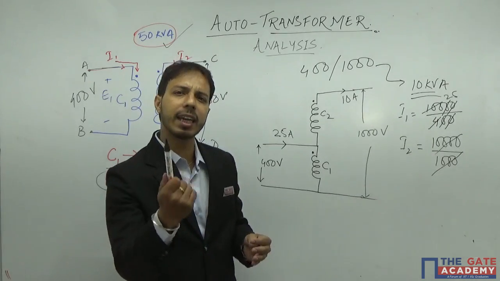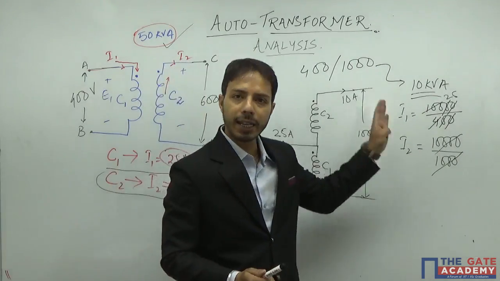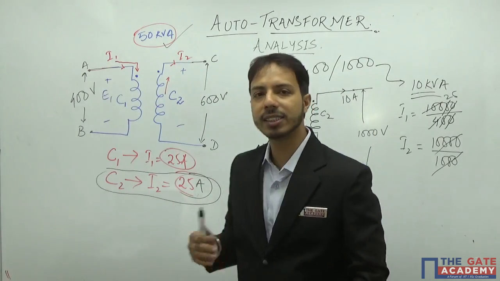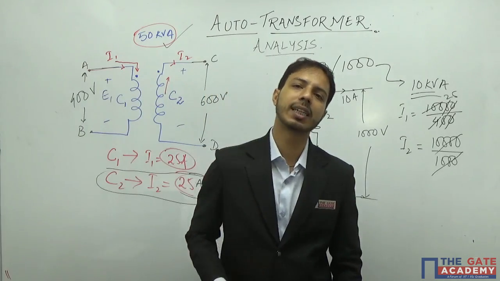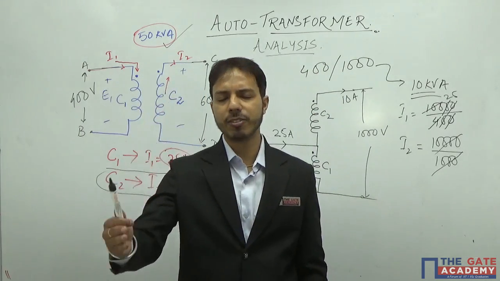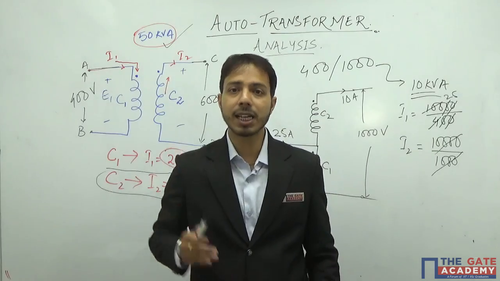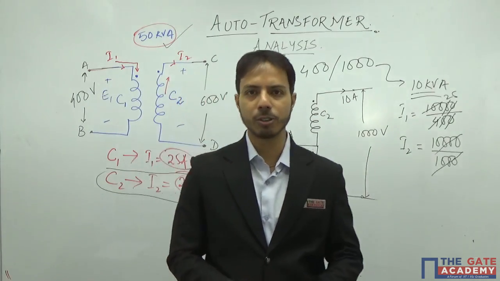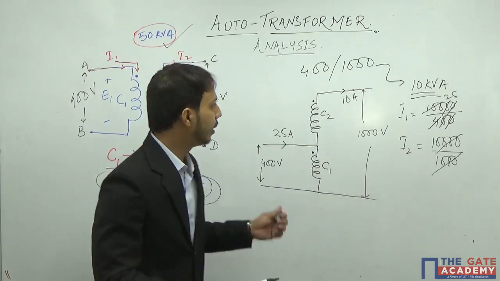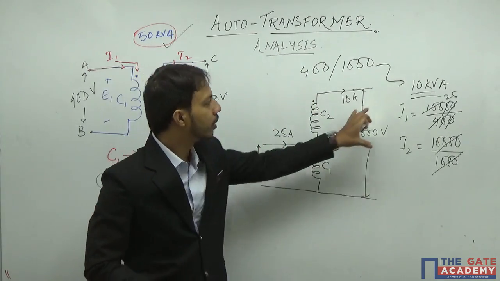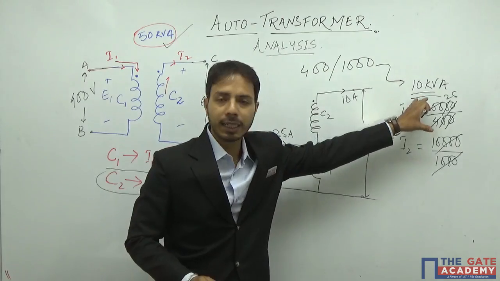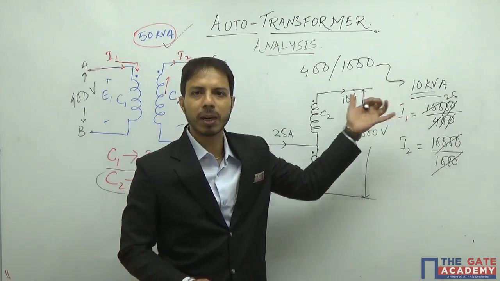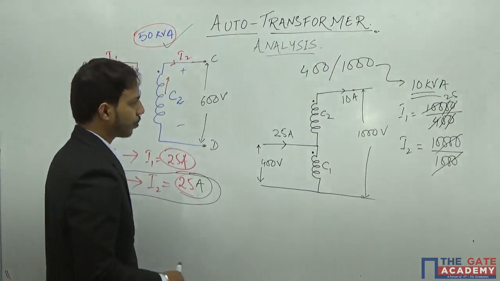It is working at a kVA which is lesser than its rating. kVA rating means if I have a transformer with a kVA rating of, say, 55 kVA, the highest rating should be 55. I should not give more input voltage or current to that. So here in this case, the kVA output is 10. It may work at more than this also, but it is working at 10 for now.